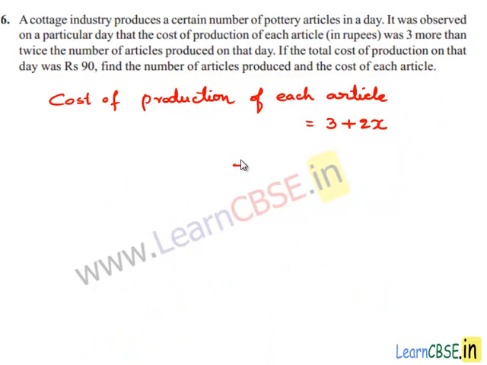We know that the value of x is 6, so 3 + 2 times 6. This is equal to 3 + 12, which is 15. Therefore, the number of articles produced is 6, and the cost of production of each article is 15.